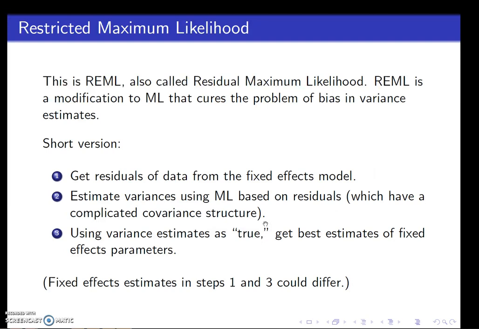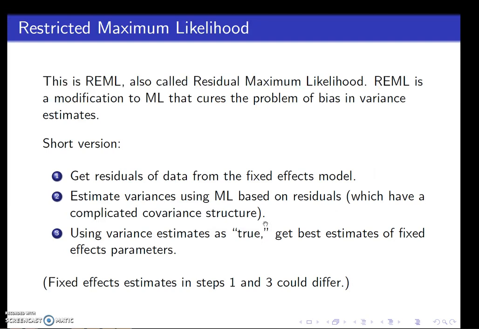So kind of plugging them back into that solution and then obtaining those fixed effects. Notice that the fixed effects originally estimated in step 1 could differ from those estimated in step 3.